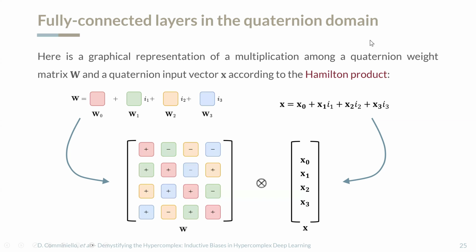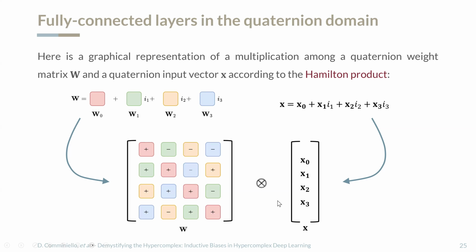Okay, so if we want to build a fully connected layer, we just have a weight matrix and a quaternion input vector. We can consider this very simple example in which the weight matrix is composed of 4 elements, and the input signal is a quaternion signal, for instance, with 4 components cast in the 4 components of the quaternion.